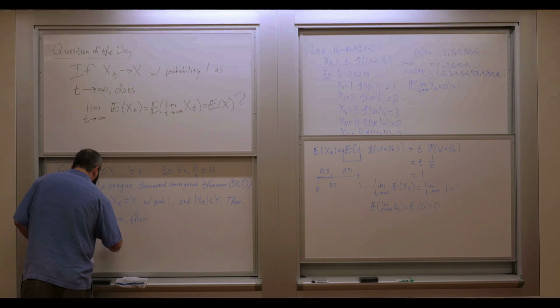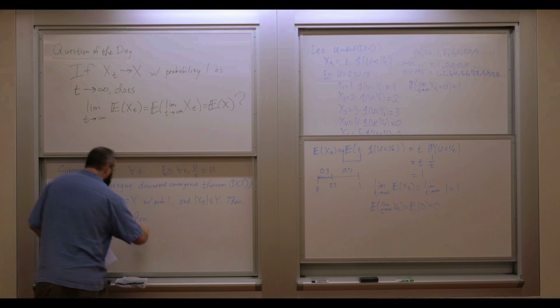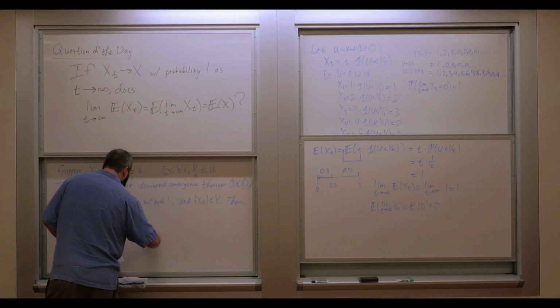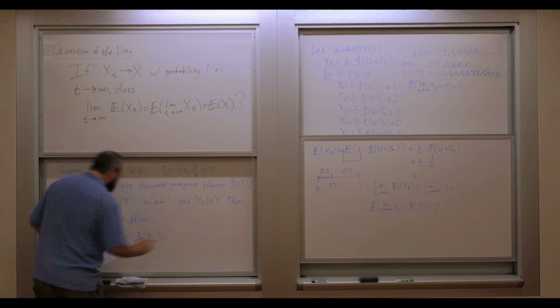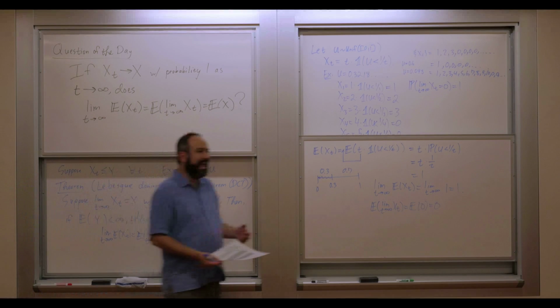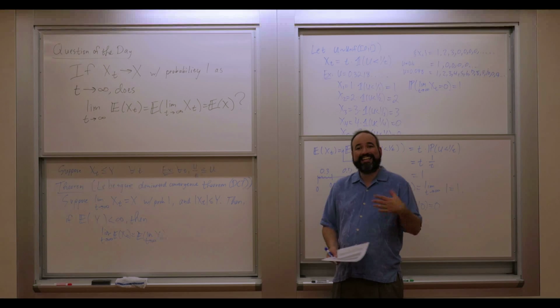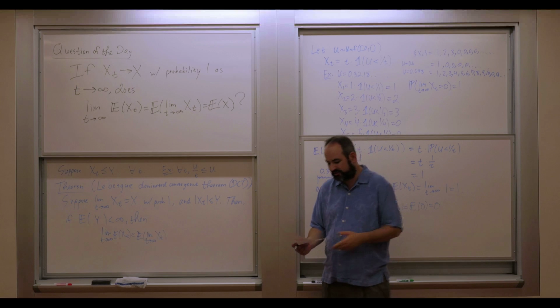So the limit as t goes to infinity of the expected value of x of t equals the expected value of the limit as t goes to infinity of x of t. So that's very nice. That gives a sufficient but not necessary condition for bringing limits into and out of expectations.